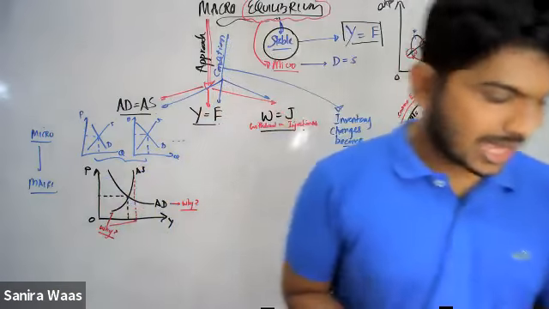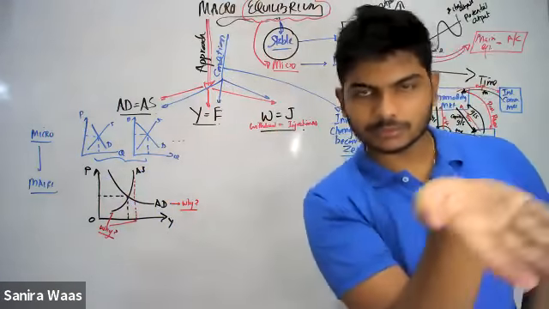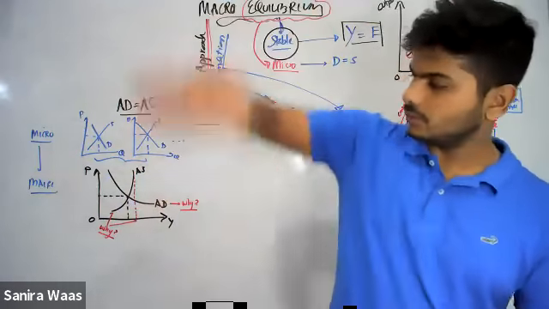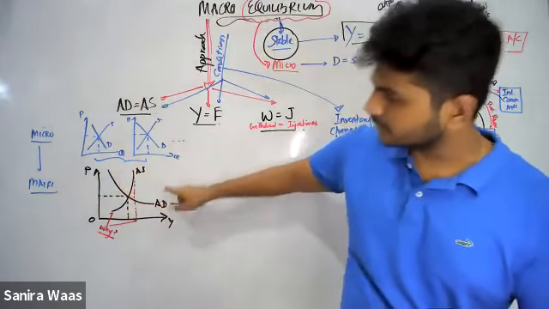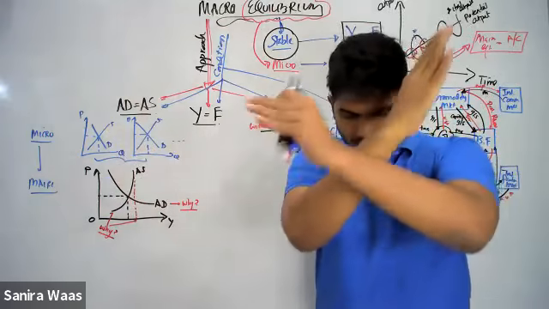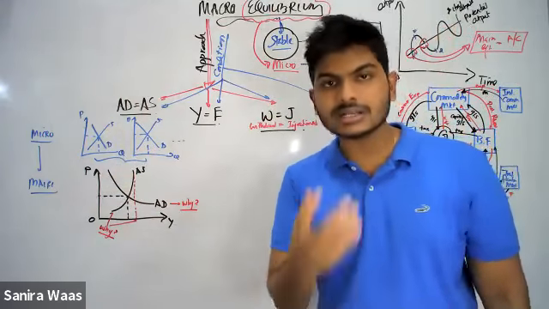Why does the supply curve come with this odd bent shape and go up, rather than going straight like this? What's the reason behind that?